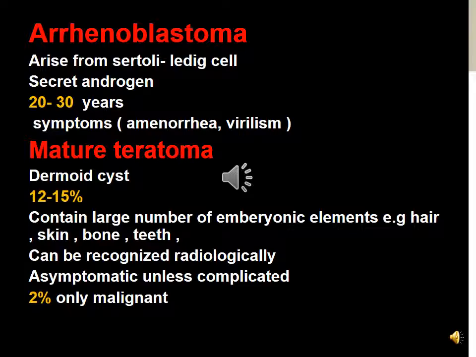Arrhenoblastoma arises from Sertoli-Leydig cells, and they secrete androgen. Presentation is usually amenorrhea and signs of virilism. Mature teratoma is the commonest tumor in the reproductive age group and during pregnancy. 15% are bilateral, containing sometimes hair, skin, or bone, can be detected radiologically, and are asymptomatic in almost all cases. They are rarely malignant.